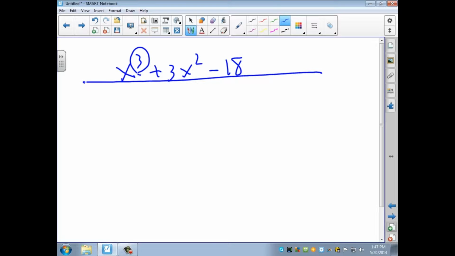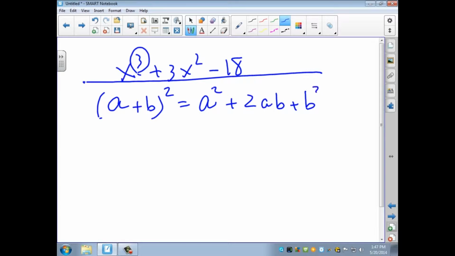One, it says if you have a plus b to the second power, this can be written as a squared plus 2ab plus b squared. Okay?